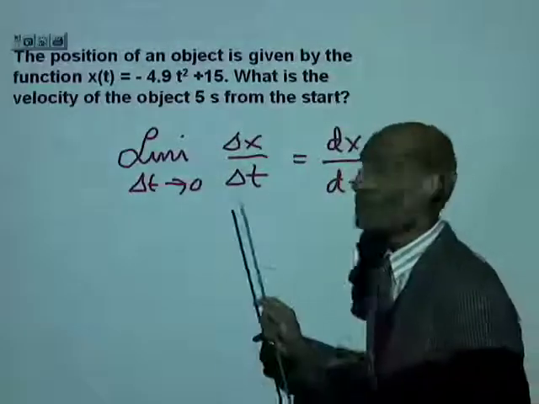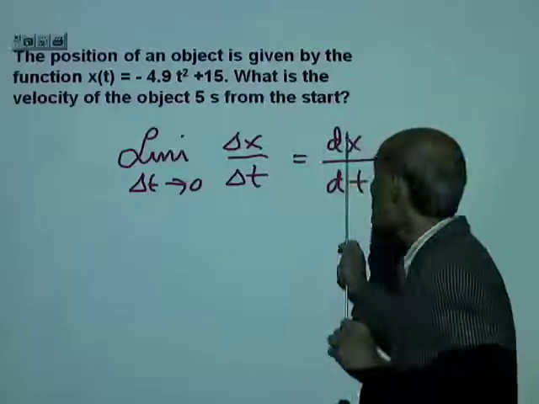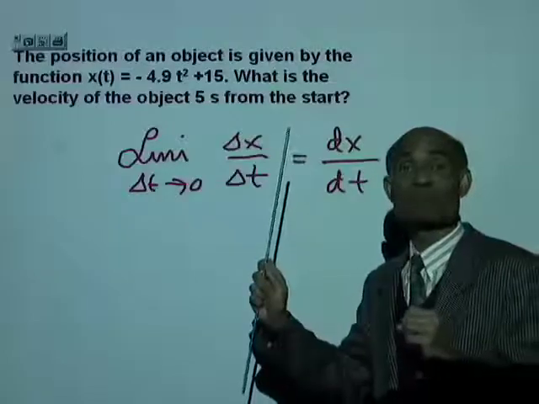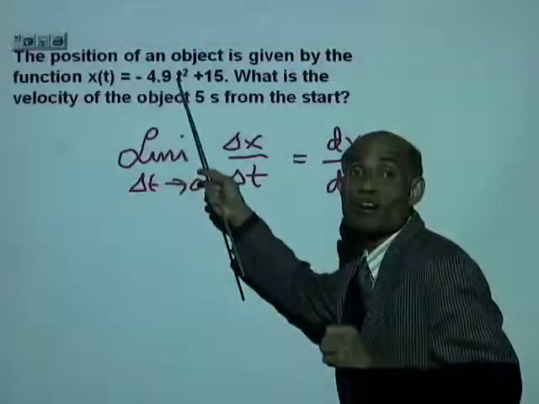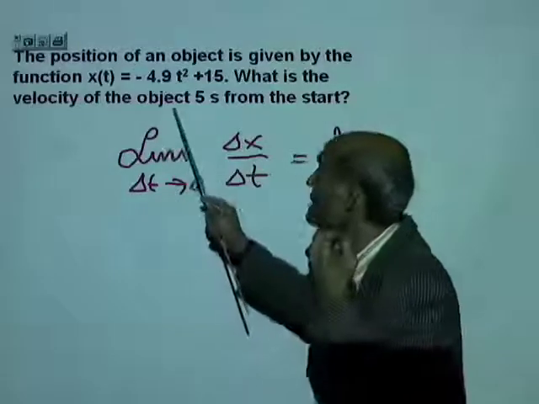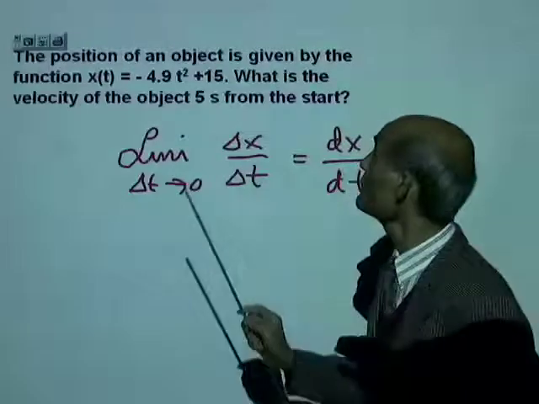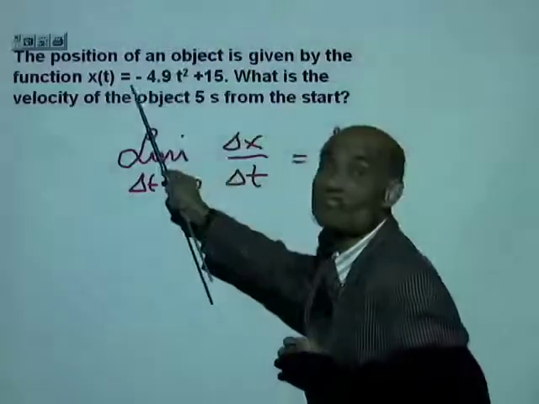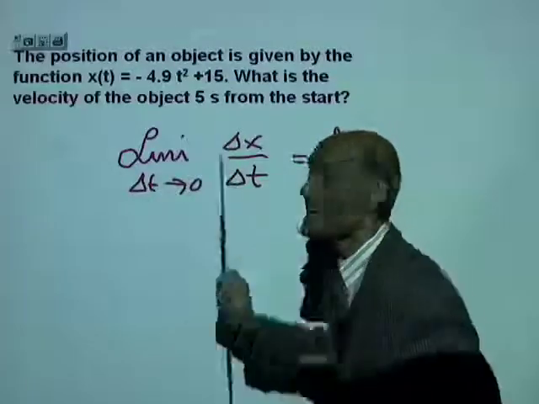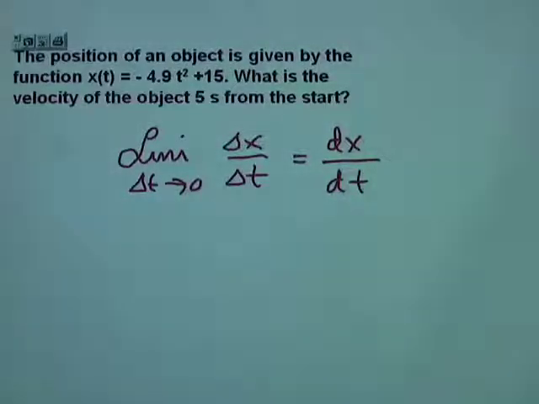So instantaneous velocity is the derivative of the position function with respect to time. We are given the position function and we need to find the instantaneous velocity when time is 5 seconds. So all you need to do is find the derivative of the position function, and in that derivative set t equal to 5 seconds. Alright, let's do that.